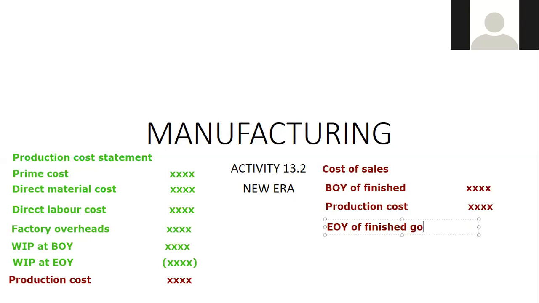We're going to be doing a lot of this later. You will simply write there 000. Please note that balance of finished goods at the end of the year is a negative balance. You will therefore put it in brackets. Are we together?